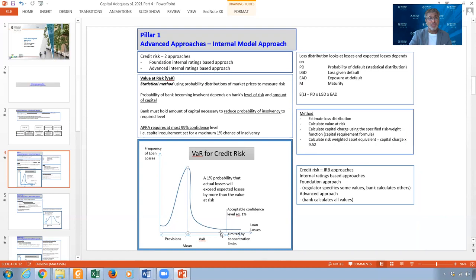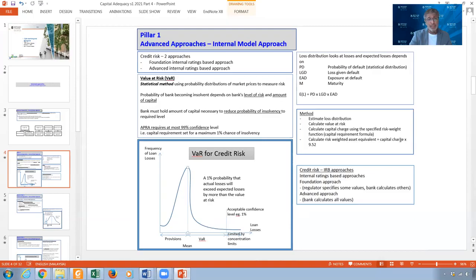So in this case, you have to estimate the loss distribution, which means you have to calculate how much the losses are, have the distribution for all the losses, and then calculate the VAR. After you calculate the VAR, you transfer this VAR to the capital charge.